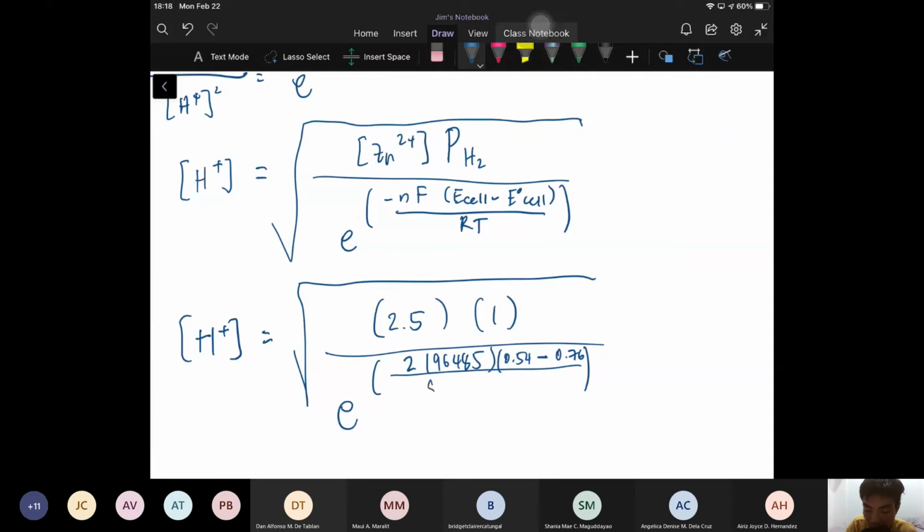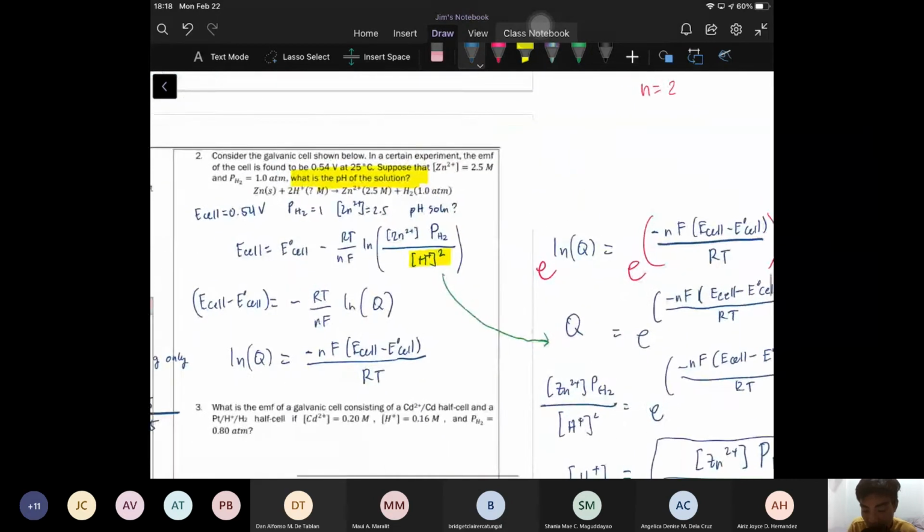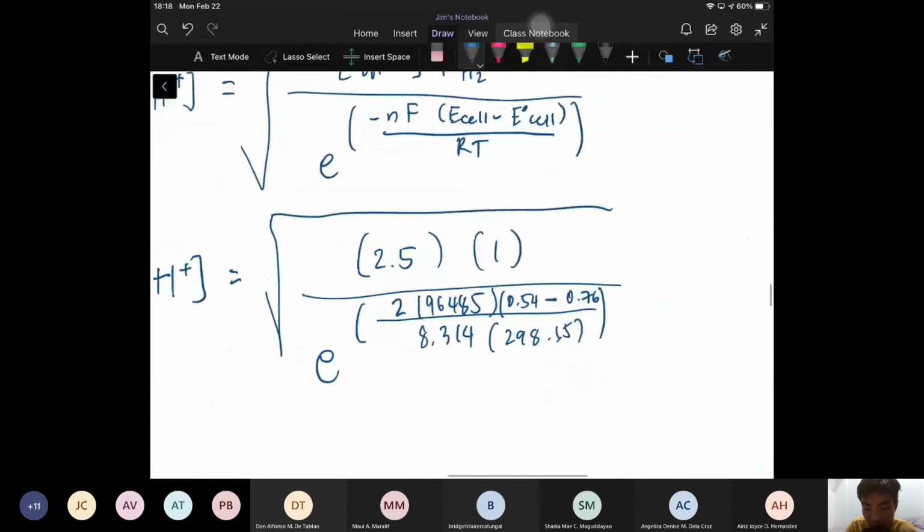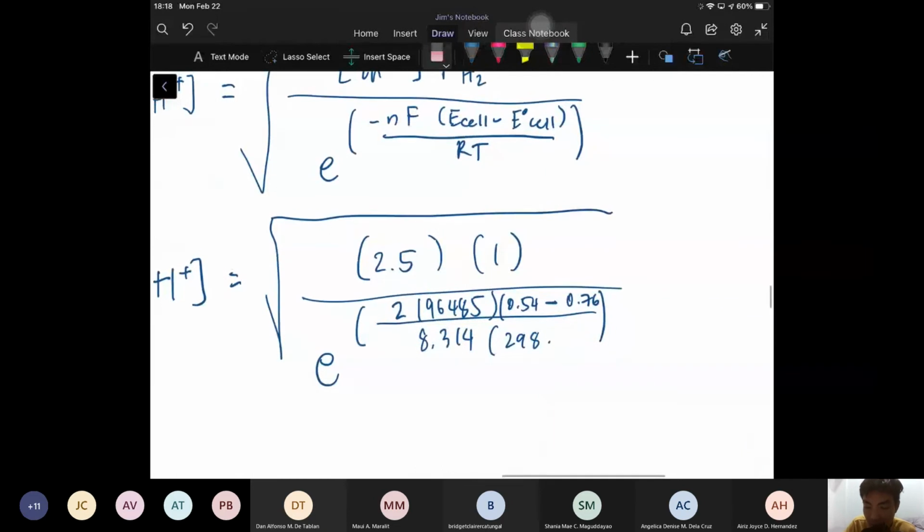Divided by R, 8.314, times the temperature, 298.15. 25 degrees Celsius, so 298.15 yan. Numbers lang pala.